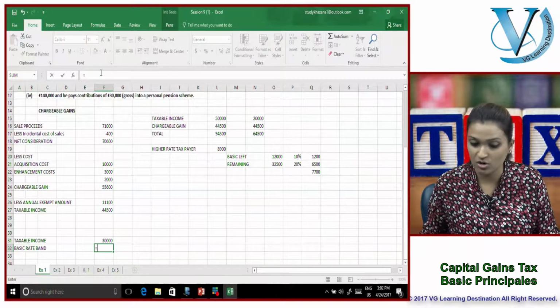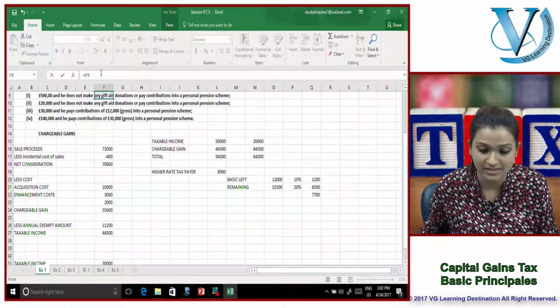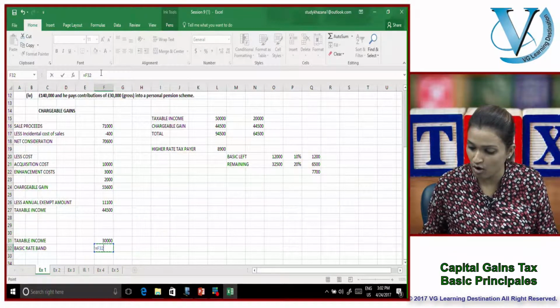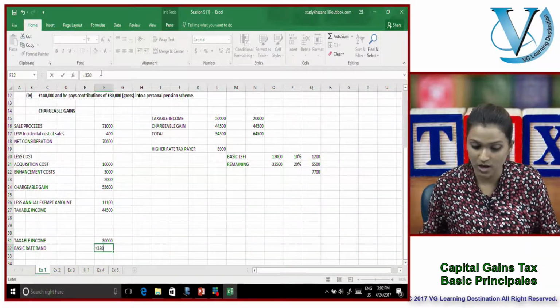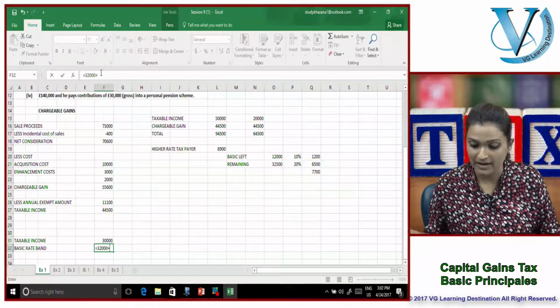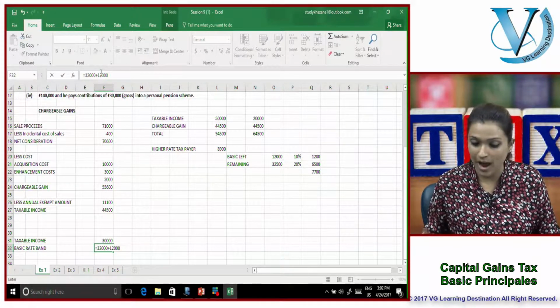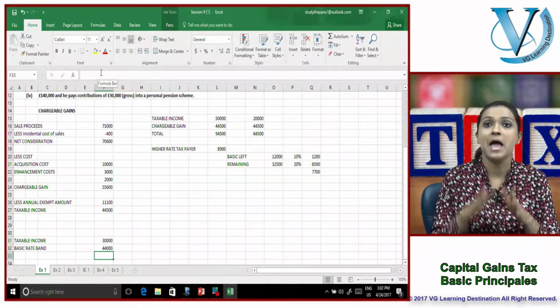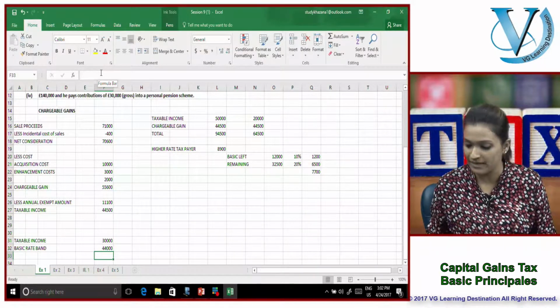Definitely, how much is the contribution? Let me go back to the question. It's £12,000, right? So definitely your original rate band of 32,000 gets extended by another 12,000 pounds.